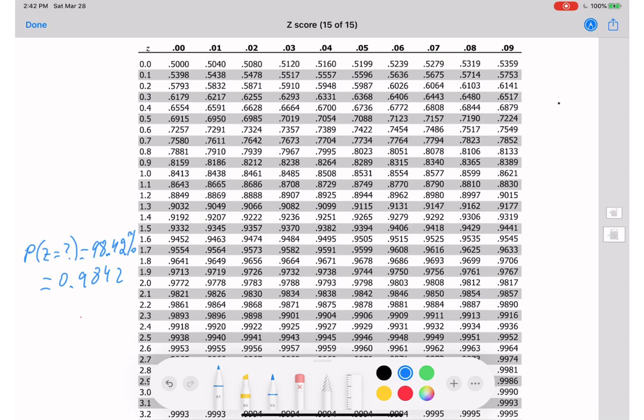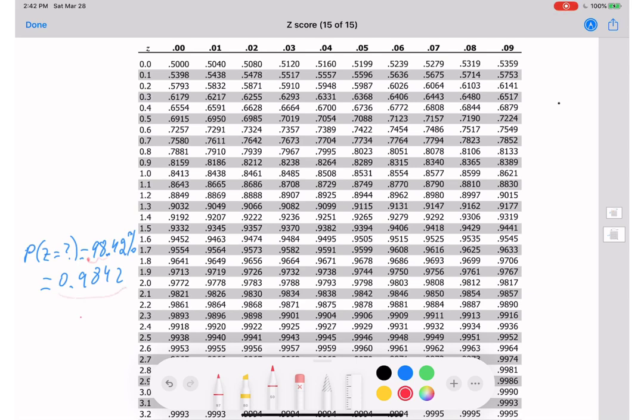Dividing by 100 means to move by 2 positions to the left, 1 and 2 positions to the left, and I put the point there, which will be right here, 0.9842.